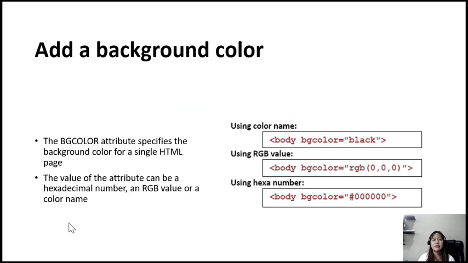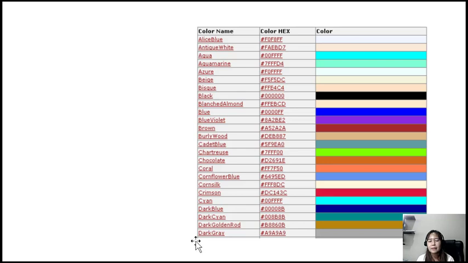Okay, now you can also use a different way of changing the background color, which is not normally used in CSS, and that is the bgcolor attribute. Using the bgcolor attribute, you can use either the color name, the RGB value, which is the red, green, blue value, from 0 to 255, or the equivalent hexadecimal number. So you can choose between the three of these, and I'm sharing with you the color name, the color hexadecimal value, and the output that you will find.